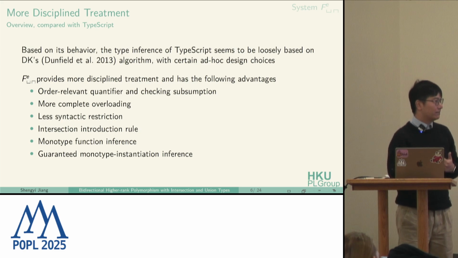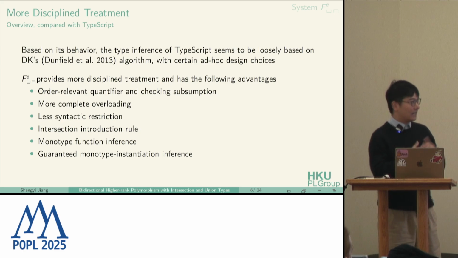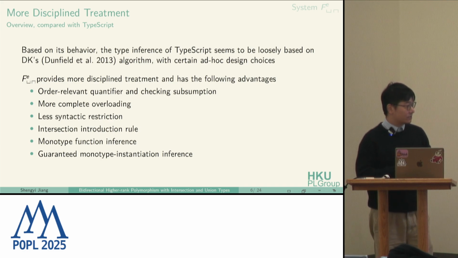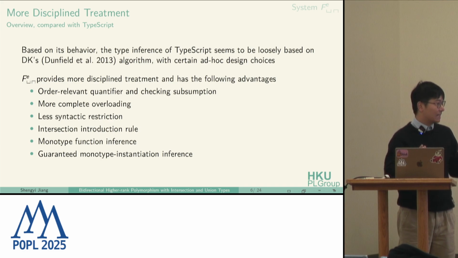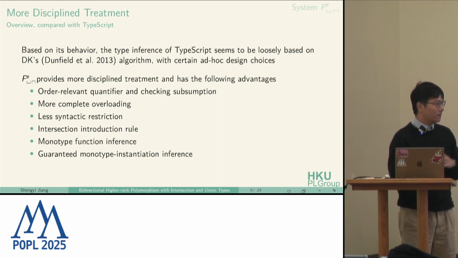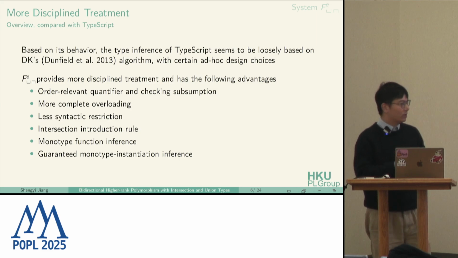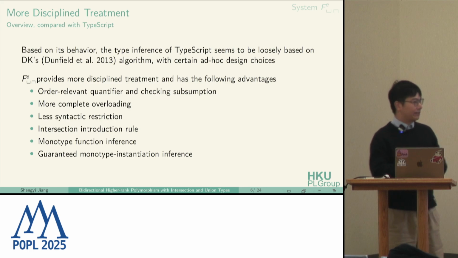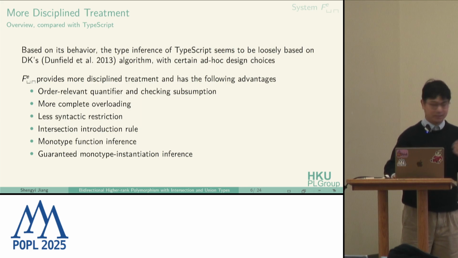It supports all the relevant quantifier, and thus we have the checking subsumption property for the type system. We also support more complete overloading, and we have less syntactic restriction on writing polymorphic types. We also support intersection introduction rule and the monomorphic function inference, as we mentioned before. We also have the guaranteed monotype instantiation, which is a corollary of the completeness of our algorithm.